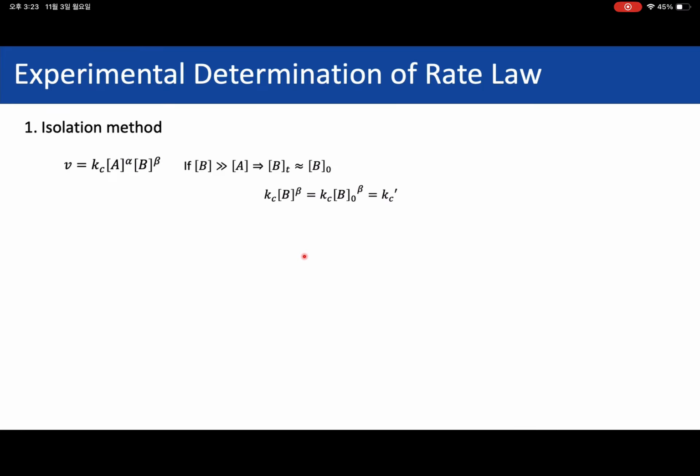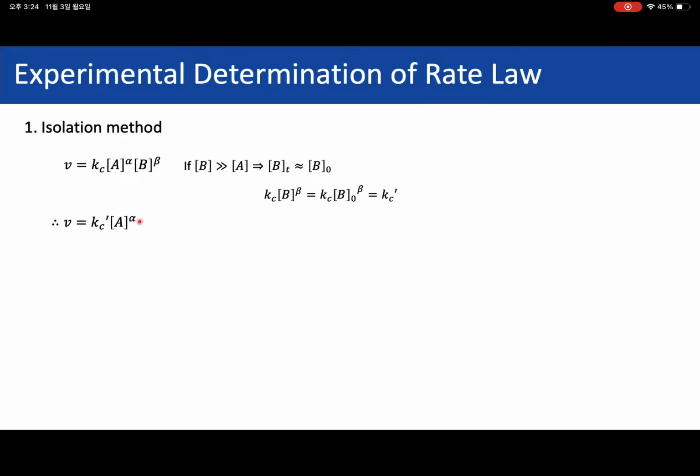Since even a long time after the reaction starts, B can still be approximated to B0, we can consider k multiplied by the beta power of the concentration of B to be constant, since B and B0 are almost the same.